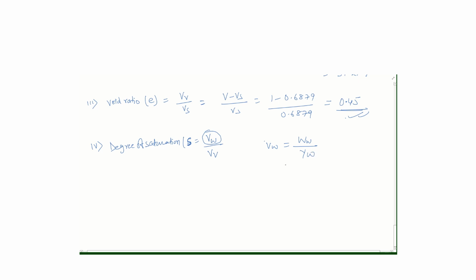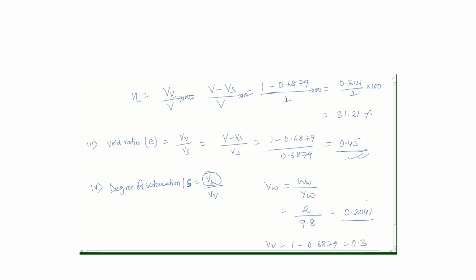Weight of water is 2 kilonewton, and gamma w is 9.8. So what is the value of volume of water? You will find that this is equal to 0.2041. Now volume of voids we have already calculated as 1 minus 0.6879. So this is 0.3121.